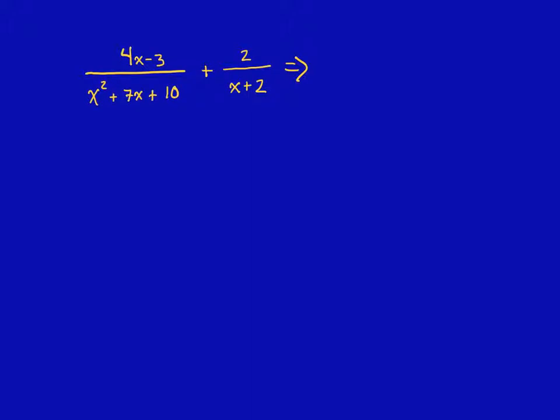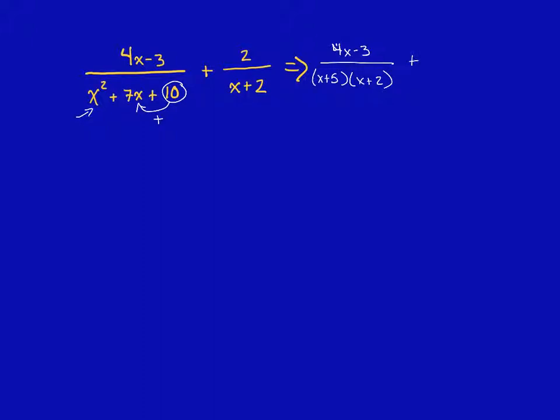So remember, the first thing we want to do is look to factor. So 4x minus 3 is already factored. Then we're going to factor this. We don't have a leading coefficient, so we're looking at factors of 10 that add up to 7. So that's going to give us x plus 5 and x plus 2.